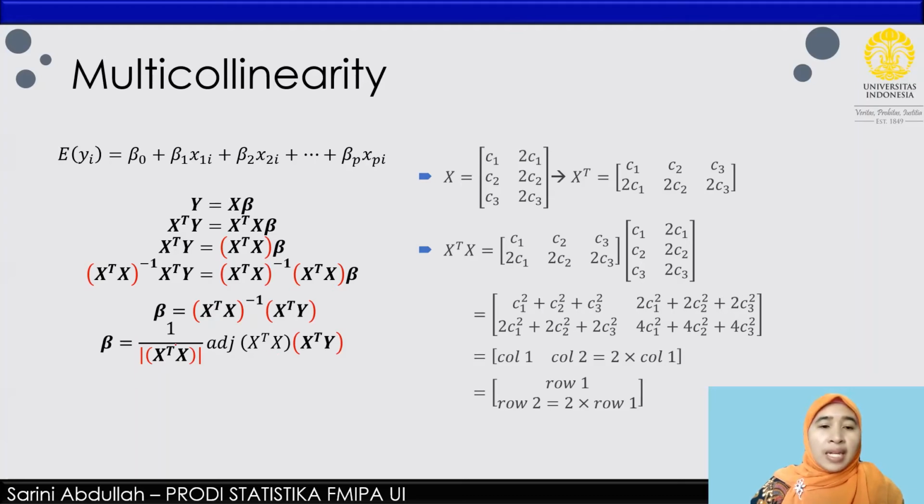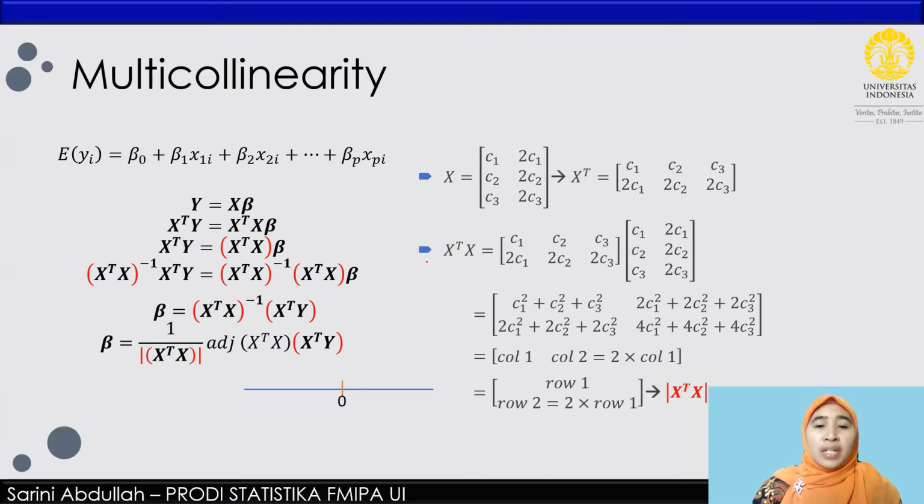So we have to calculate the determinant of X transpose X. When calculating the determinant, if there is a column that is a linear multiple of the other column, then the determinant will be close to 0.